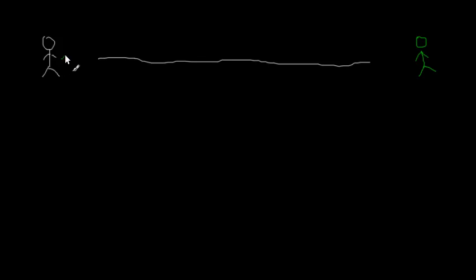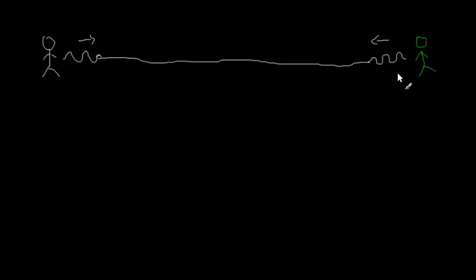So they create a wave in the rope that starts traveling away from them, like that. So this wave travels to the right, and that other wave travels to the left.